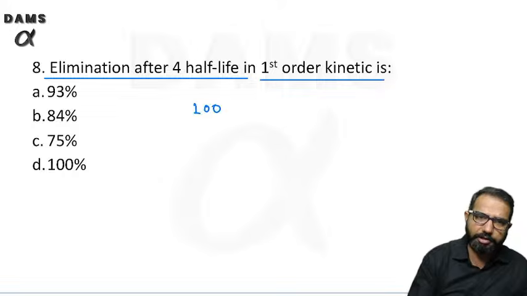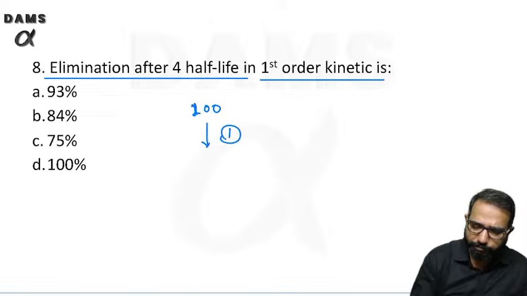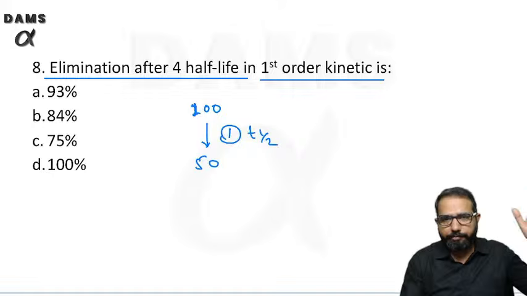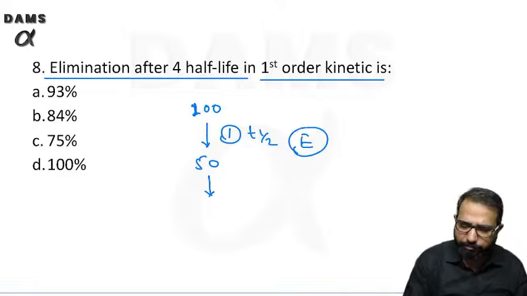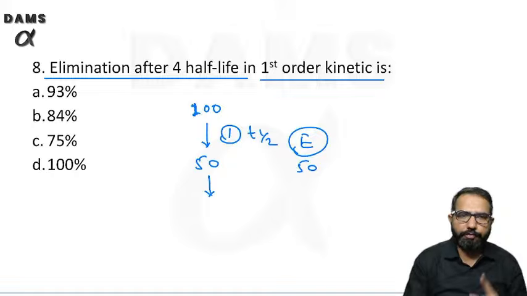Just imagine the drug is initially 100. You have given the 100. After 1 half-life, from 100 to 50, 50 eliminated, 50 remains in the plasma. So elimination part is 50 after 1 half-life.